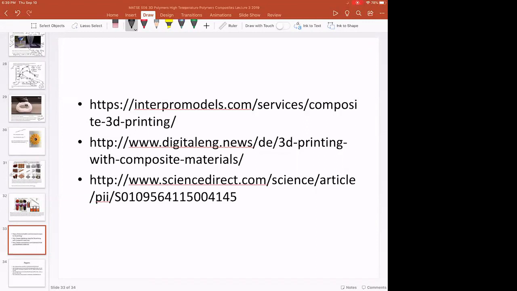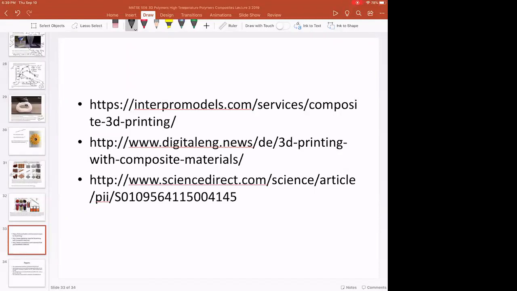So we need to take into account the viscosity. We need to take into account the Tg or Tm if we're doing a thermal process. But now we're adding particles, which adds a lot of functionality to the material, but also might add some headaches in terms of processing. So does anyone have any comments or questions about composite additive or different sorts of composites that you might run into?